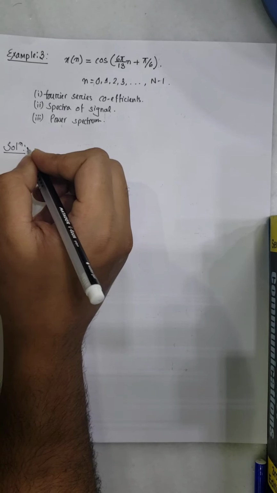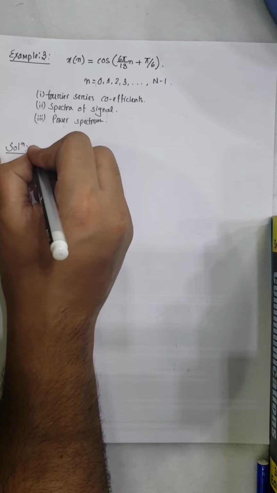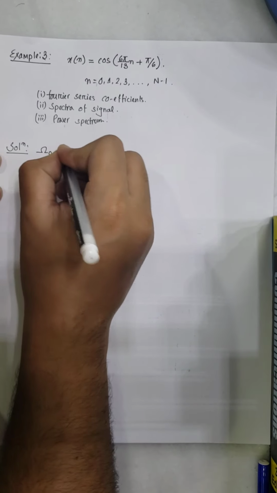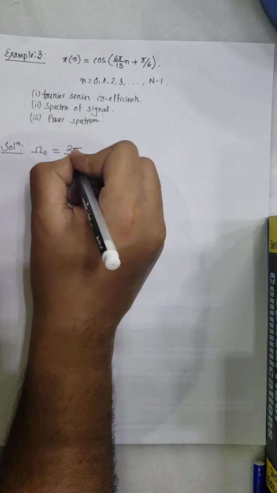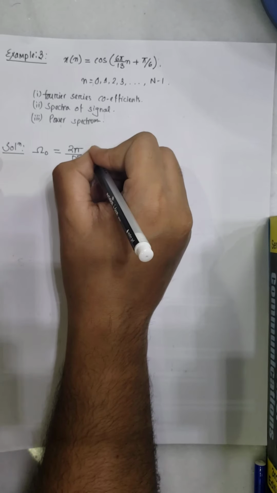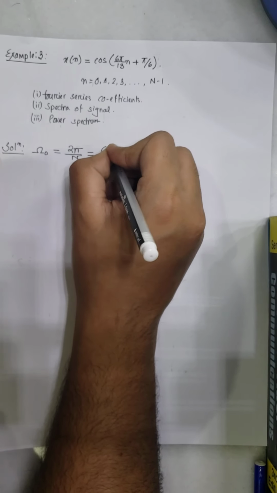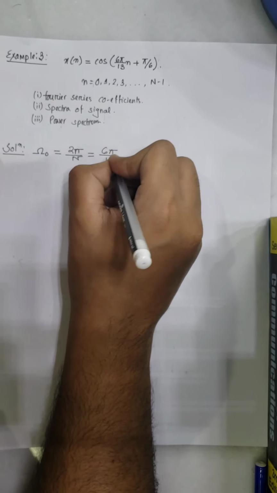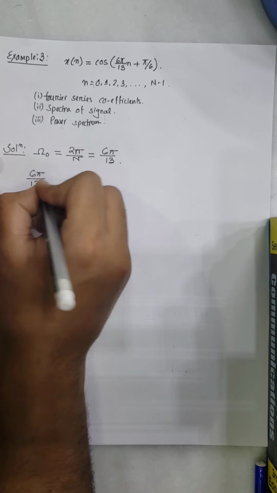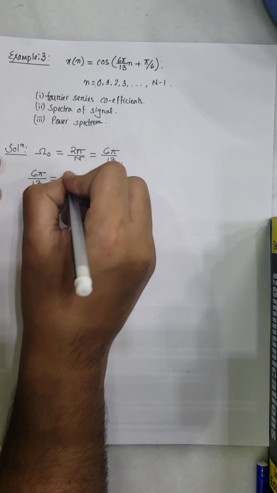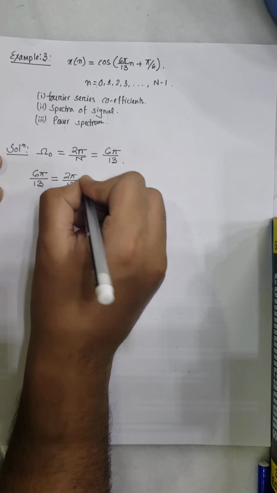In the provided signal, the fundamental frequency omega naught occurs as twice pi over N, which in this case is equal to 6 pi over 13. Now 6 pi over 13 can be written in the form of twice pi over 13 times 3.